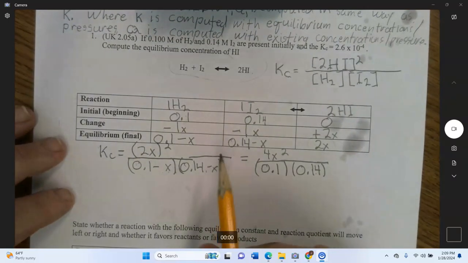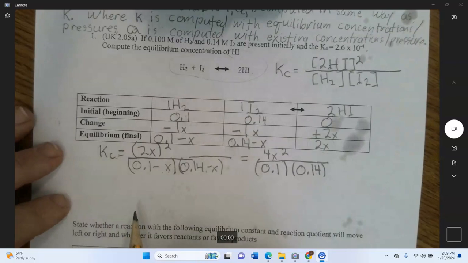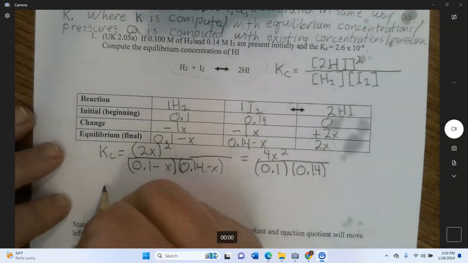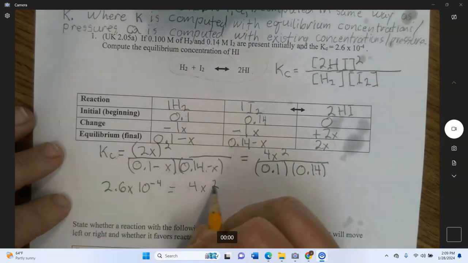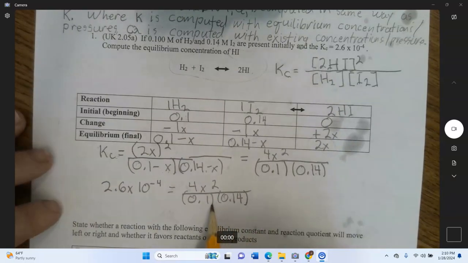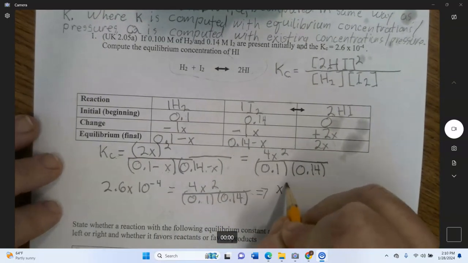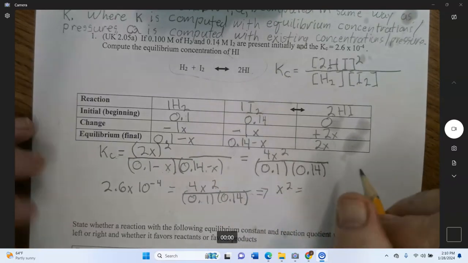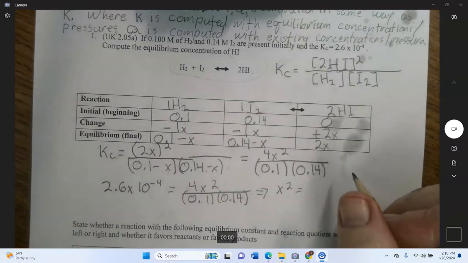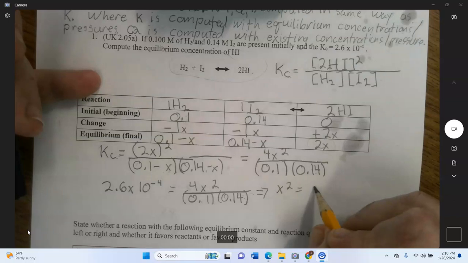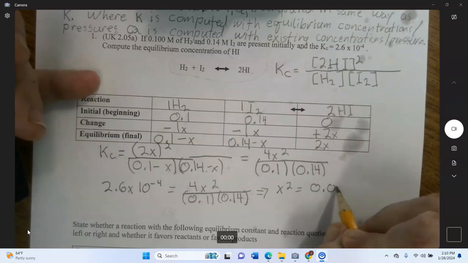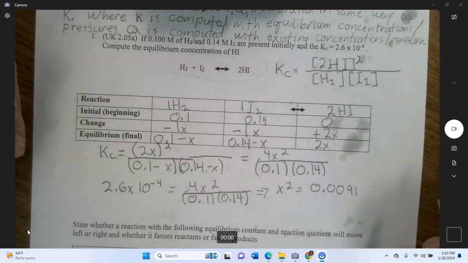So now we're going to go ahead and plug in the value of Kc here, which is 2.6 times 10 to the negative fourth. Okay, so now you're going to multiply both sides by this and divide by this, and you'll end up with x squared equals this. Okay, so x squared equals 0.0091.